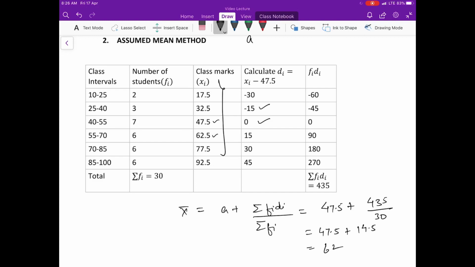So you can observe here the same mean value as we got in the previous method, the direct method, 62. The basic focus is to find the assumed value a, and you will get it as a middle value of xi.